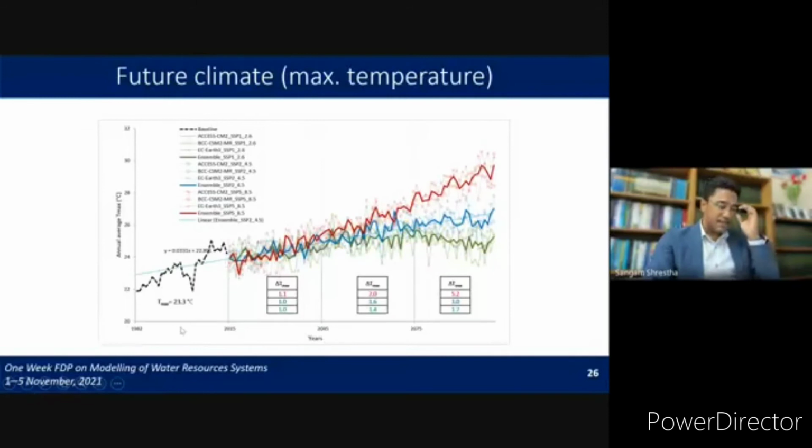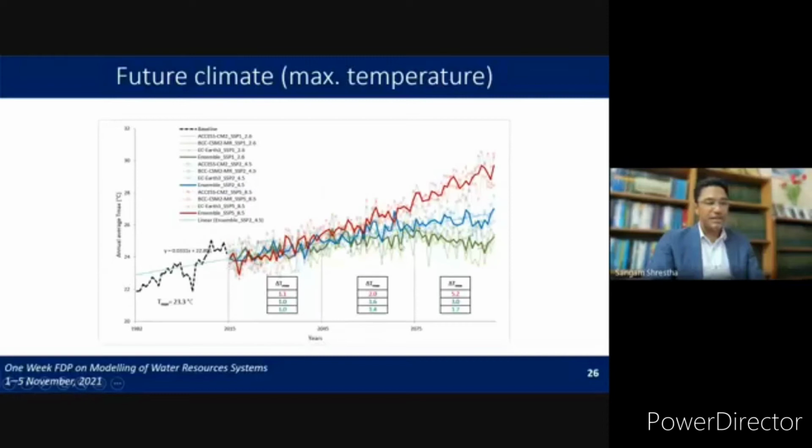In the x-axis you can see the time period, and in the y-axis the annual average temperature, and until 2015 this is the baseline temperature, which is the historical observed temperature. Okay, and you can see that even this historical temperature is increasing in the basin, right?